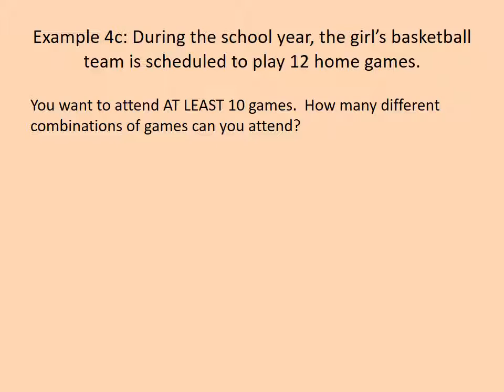You're in the same situation with 12 home girls' basketball games, but this time you want to attend at least 10 games. How many different combinations of games can you attend? Well, at least 10 games means you either attend 10 games, or 11 games, or 12 games. Just like before, you need to figure out the combinations for each of these and then add them up.